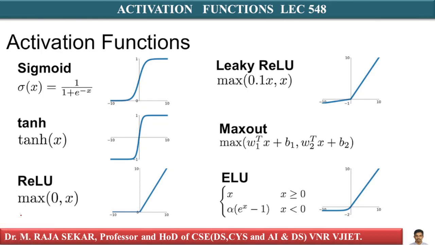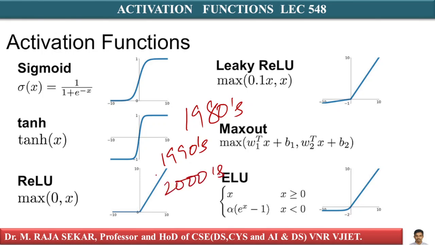In this lecture, we will try to understand activation functions. Let's revisit what types of activation functions are more useful in neural networks. Between the 1980s, 1990s, and even the early 2000s, there are two activation functions which were extremely popular.